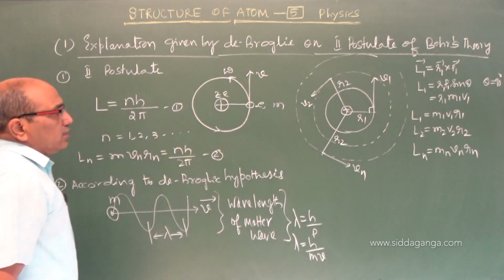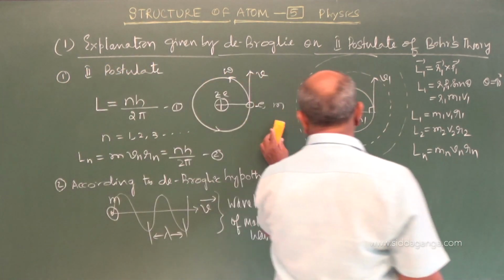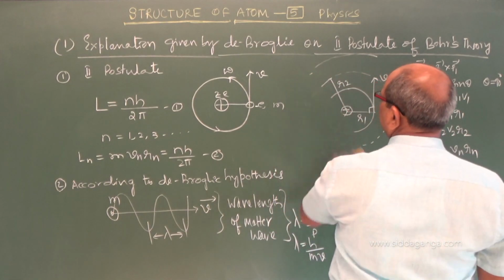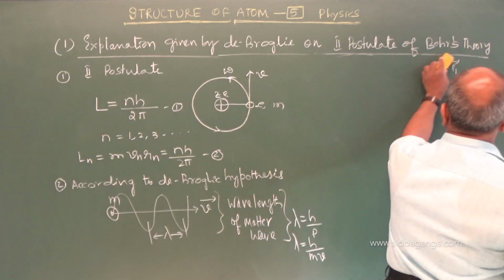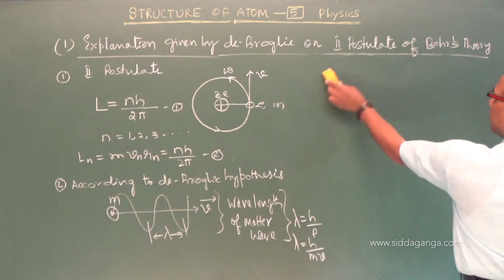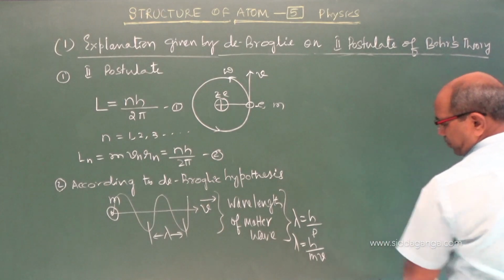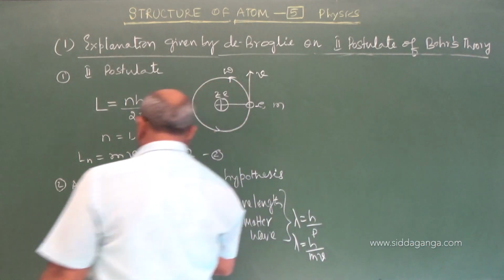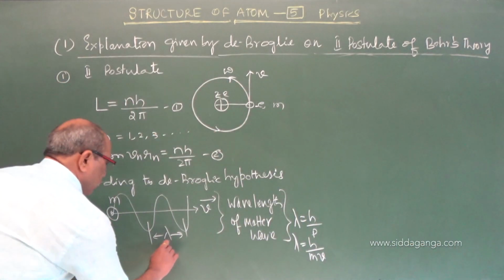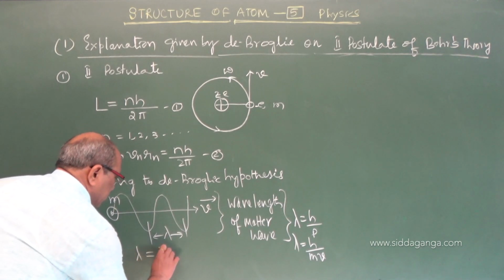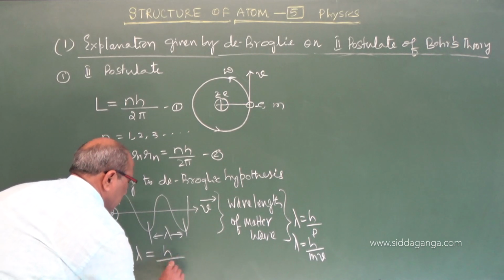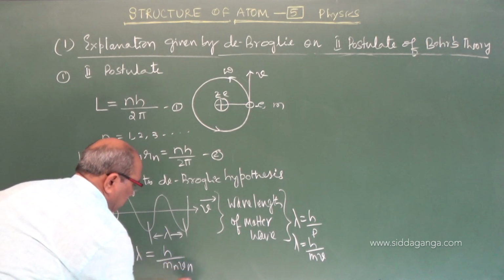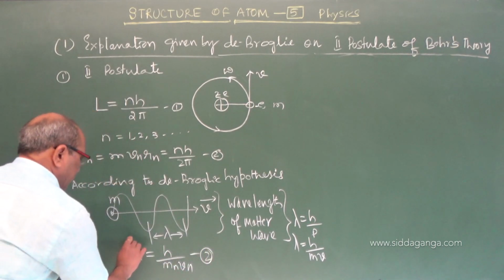So if it is in the nth orbit, in general I can write that the wavelength for the nth orbit is h upon mn vn. This should be the second equation.